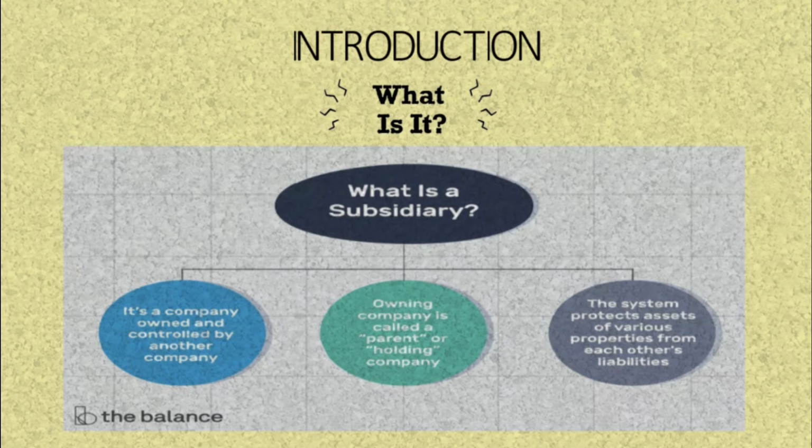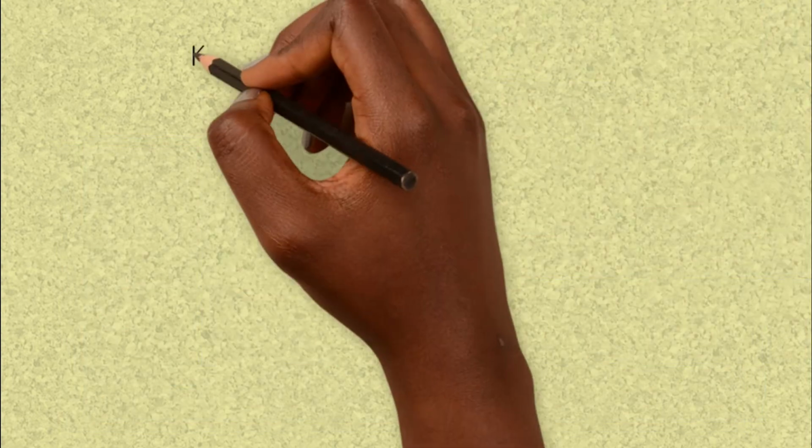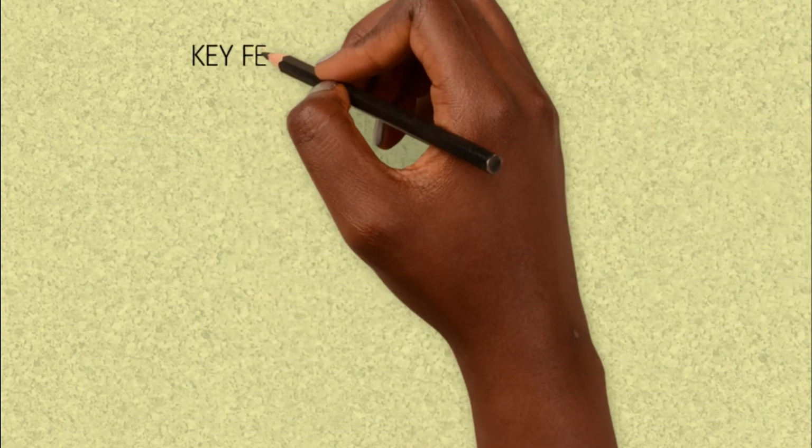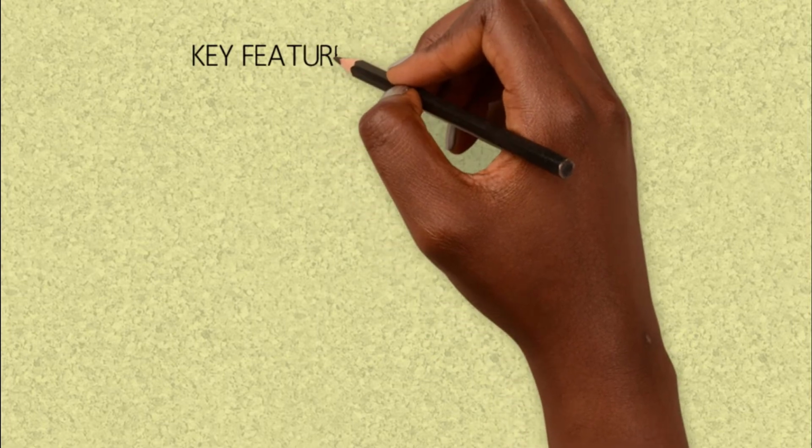In this case, as a civil society organization, you can decide to create a for-profit company, but remember, the profits generated are used to run the affairs of the civil society organization.